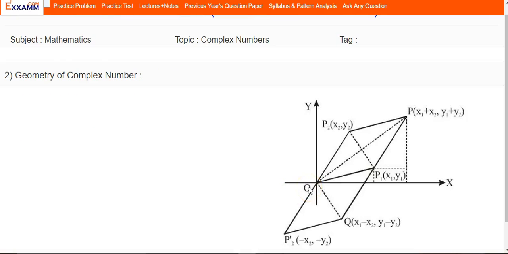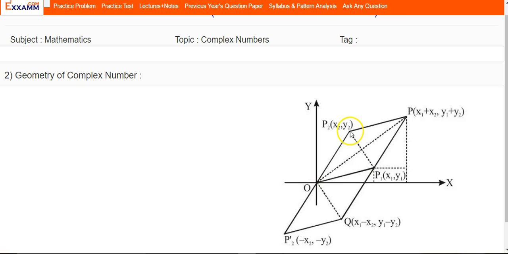So can we just represent a complex number by position vector, or does it follow the laws of addition and subtraction as well? Now consider this point P1 represented by X1 and Y1, and P2 represented by X2 plus iY2. Now if we draw the parallelogram with these two as coterminous sides, then what do we get?